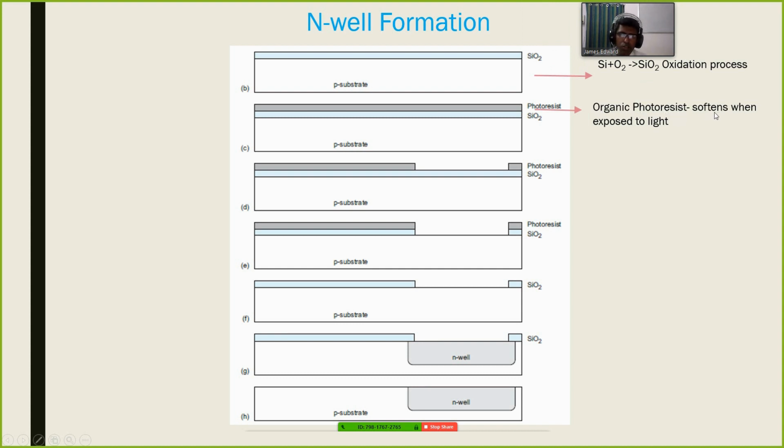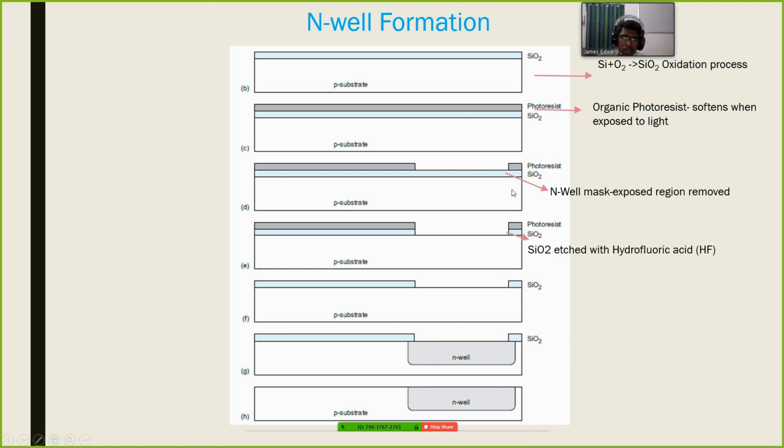This organic photoresist softens when exposed to light, and this particular region is removed using the N-well mask. The photoresist in this region is removed.